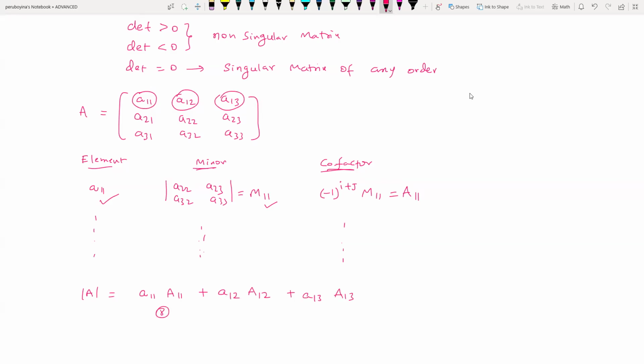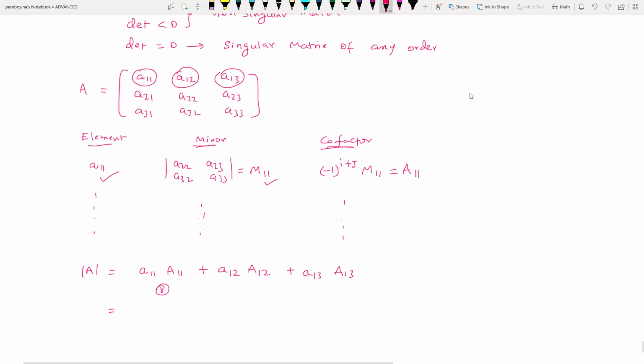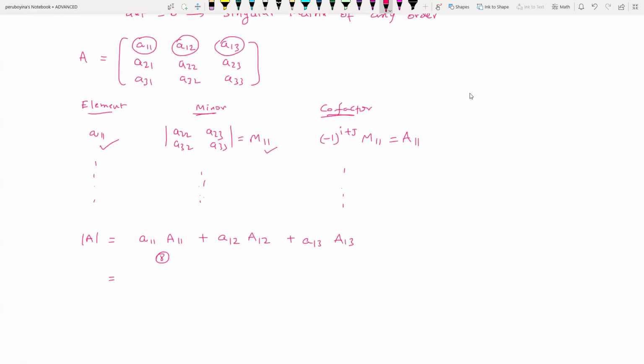Similarly, you can also define this determinant using other rows or columns. He will mention in the MCQ questions to define the determinant according to the third row, first column, or second column. So let us try the third row.